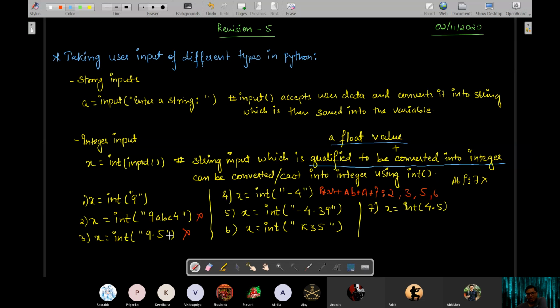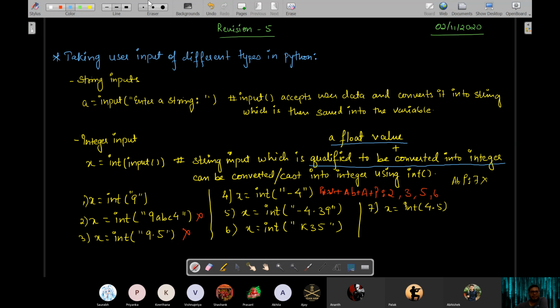But if it is a pure float value then it can be converted into an integer after truncating. But if it is a string, inside the string it should only be integer. Okay. That means qualified to be converted means what? Ki the string which is only integer, if you remove quotes, it will become integer. Even if it is float, it will result in error.